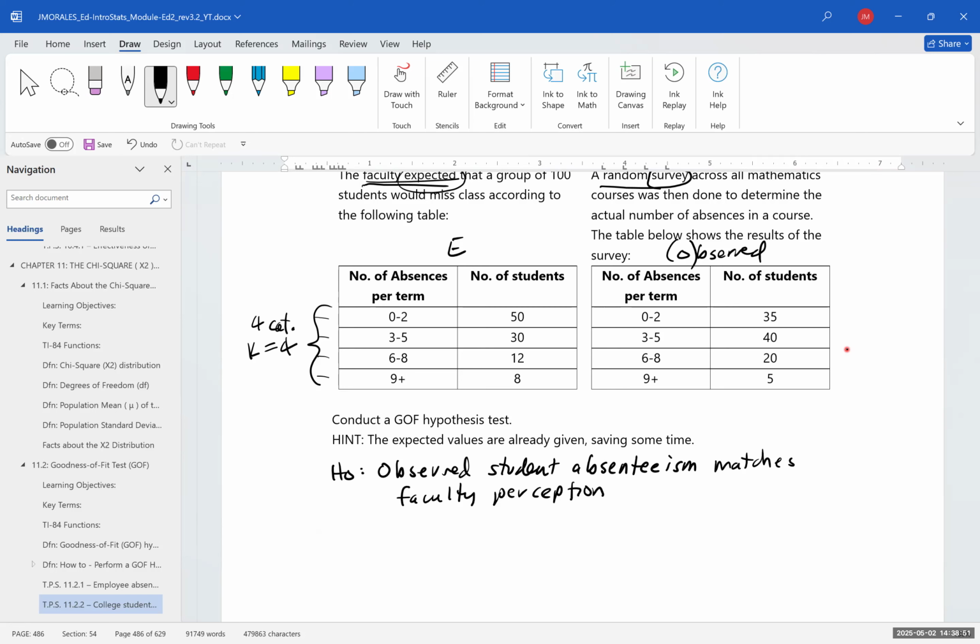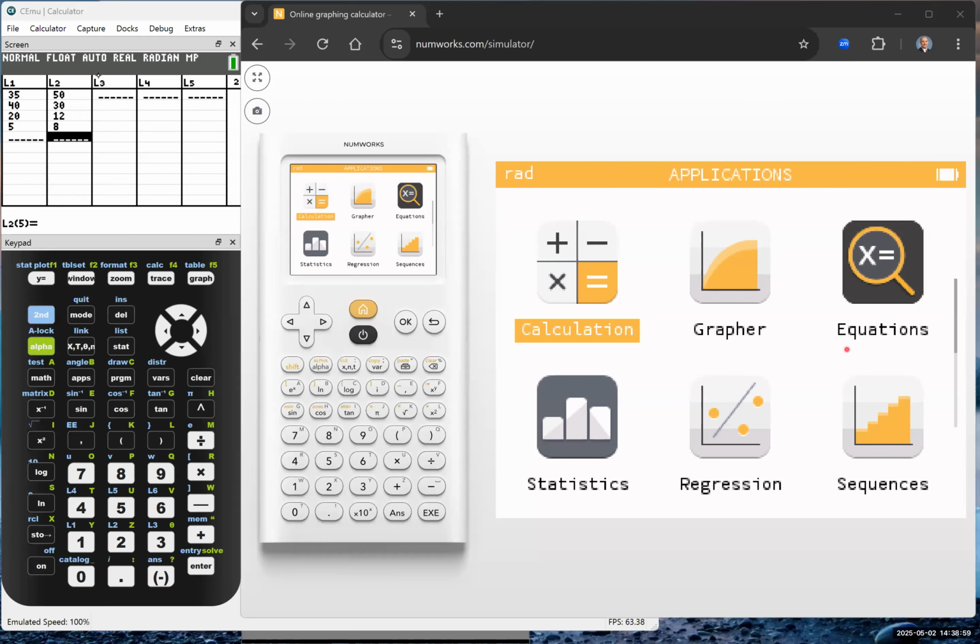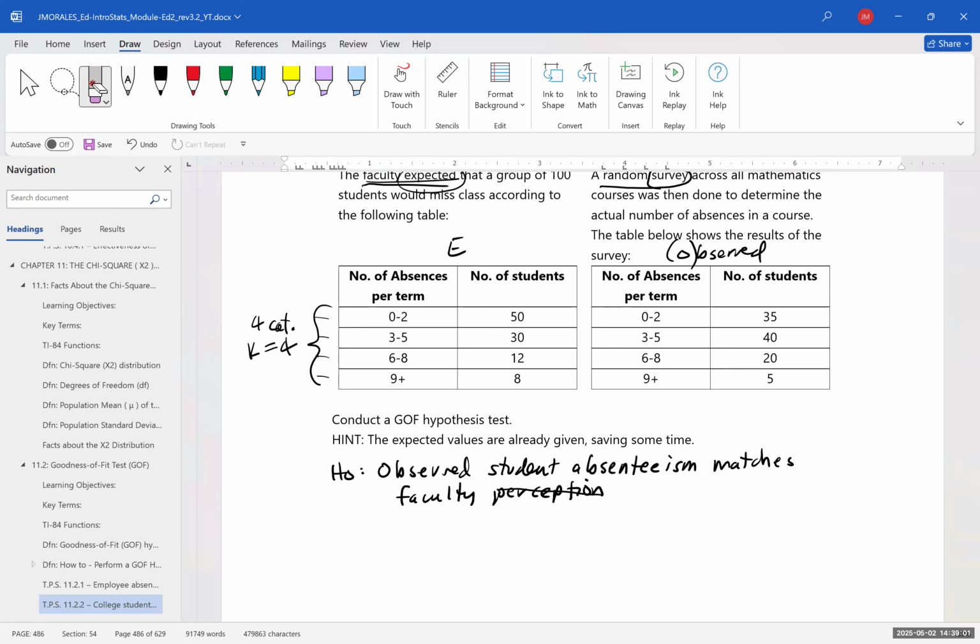Or not faculty perception, let's go ahead and say faculty expectation. And that's going to be our original claim.